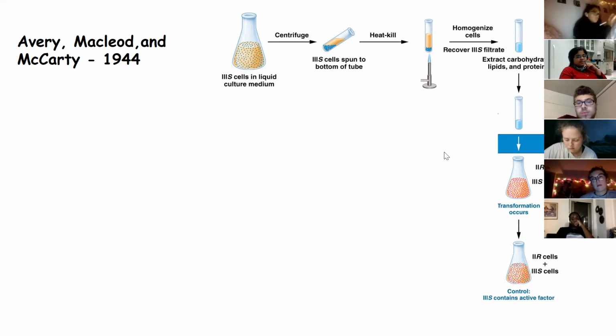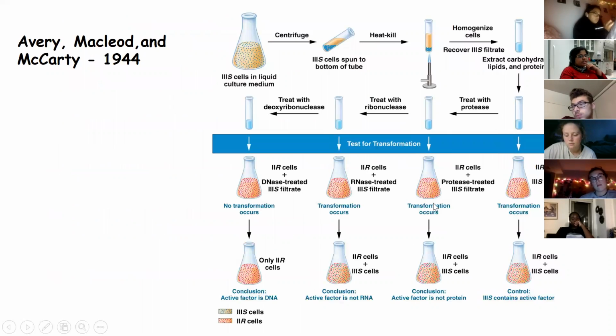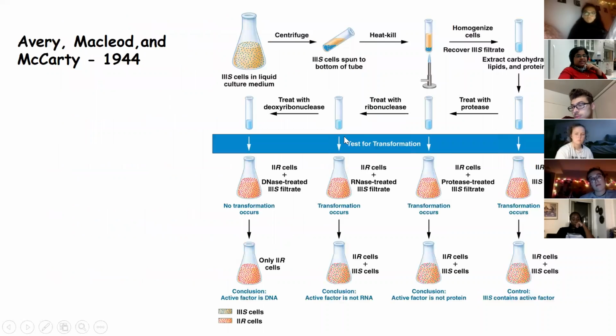So they did these experiments. They saw that since a transformation between these guys didn't occur, they said that it is not protein or RNA. But then when no transformation occurred when treating with DNAs, then they were like, aha.